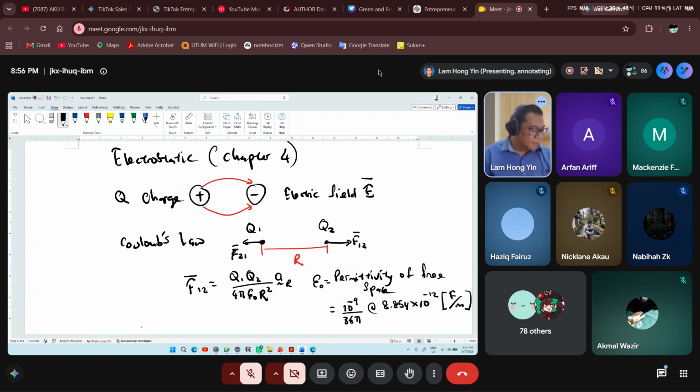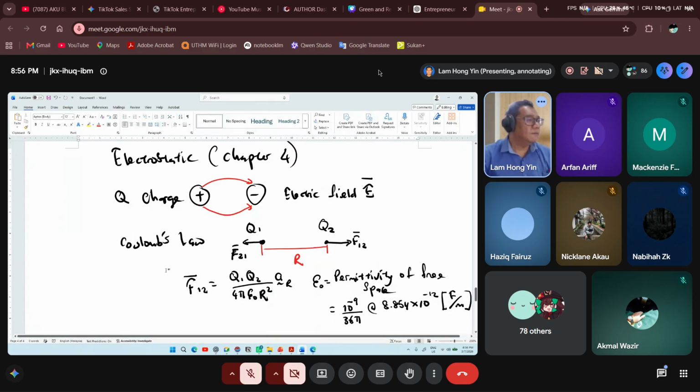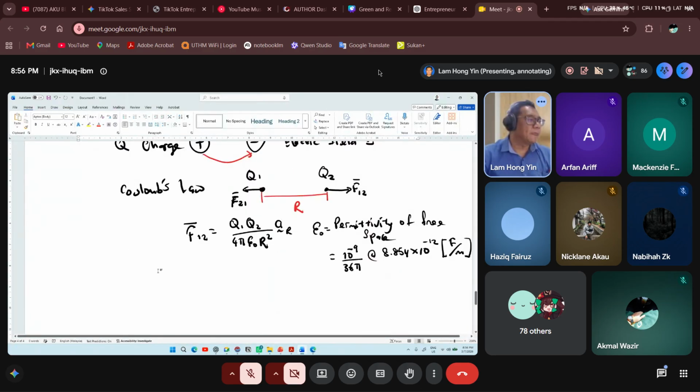Okay. So this is Coulomb's law, which we use to identify the force in between the charges. Then from the force provided, as I mentioned, I only care about the electric field intensity.